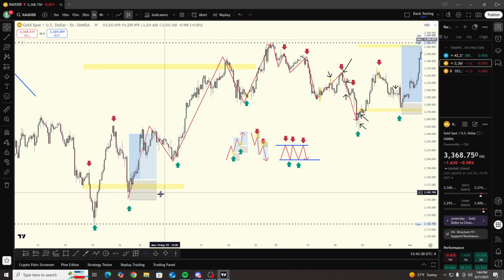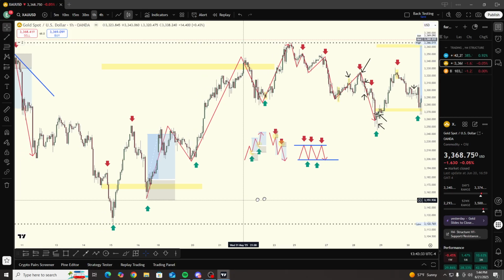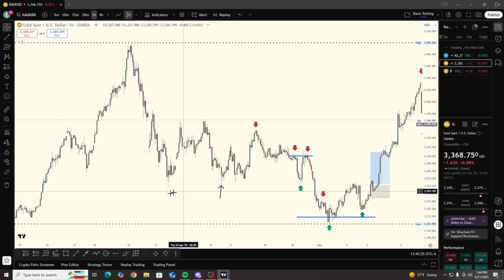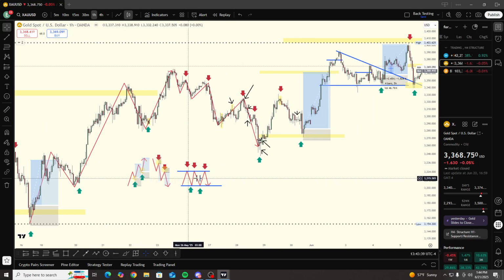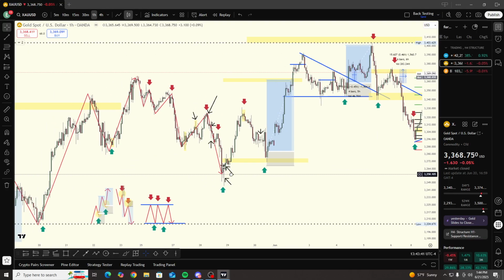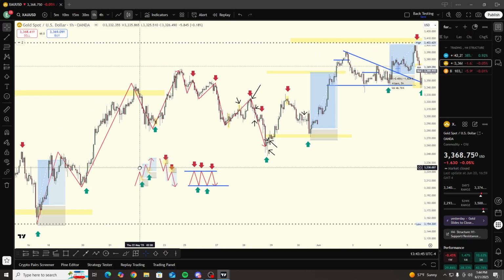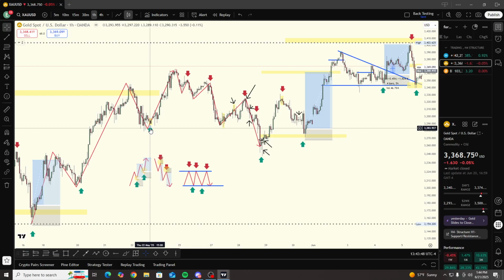We went over what forms support, which is right here, with a bearish candle on the left and a bullish candle on the right.